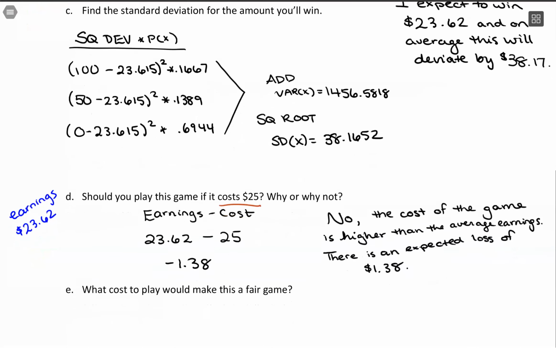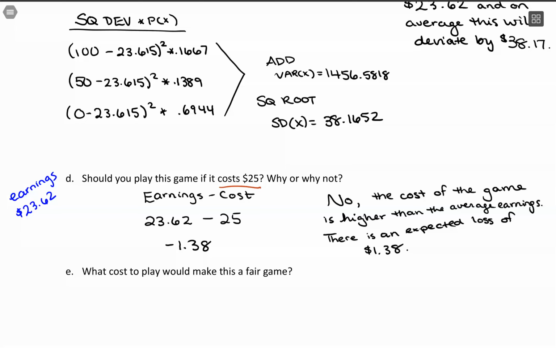Just to tie in with a MyOpen Math question that could come up here, if they prompt you to say like how much is the profit, if you're coming through with a loss, you would just type in the negative number. So you go negative 1.38. But in terms of writing a sentence, if you say it's a loss, then you can portray it as a positive number because loss brings through that idea of negative.